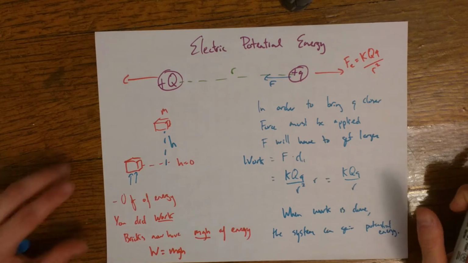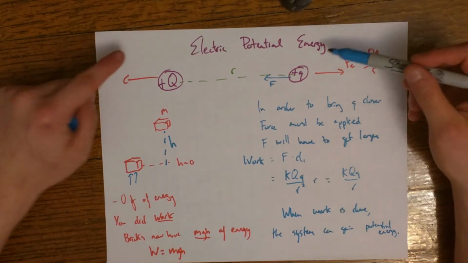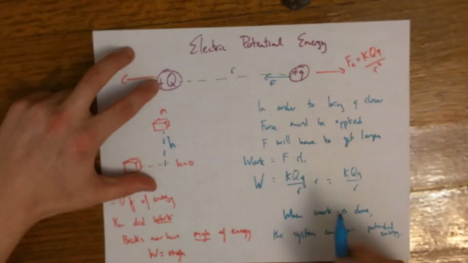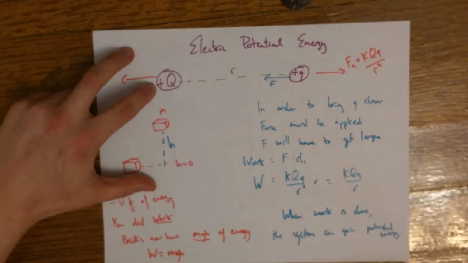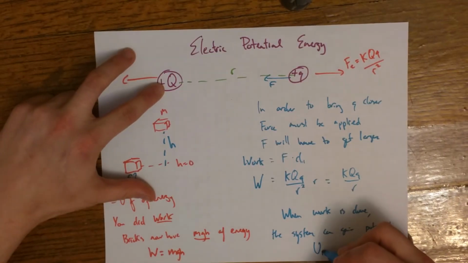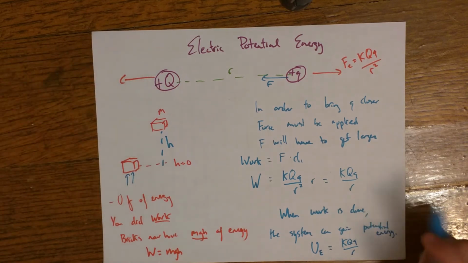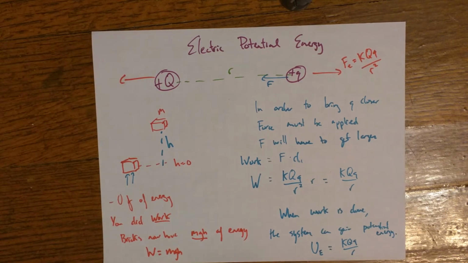And that potential energy for charges is electric potential energy. If this is the work done to get these charges into place, this must also be the electric potential energy for configuring charged particles. So let's look at this a little bit further.